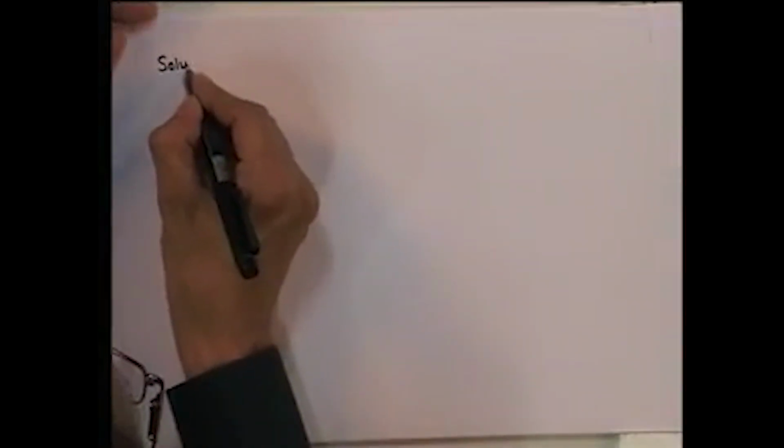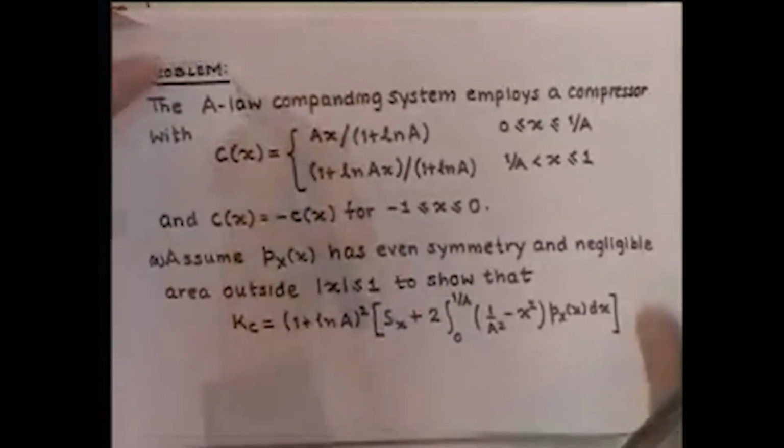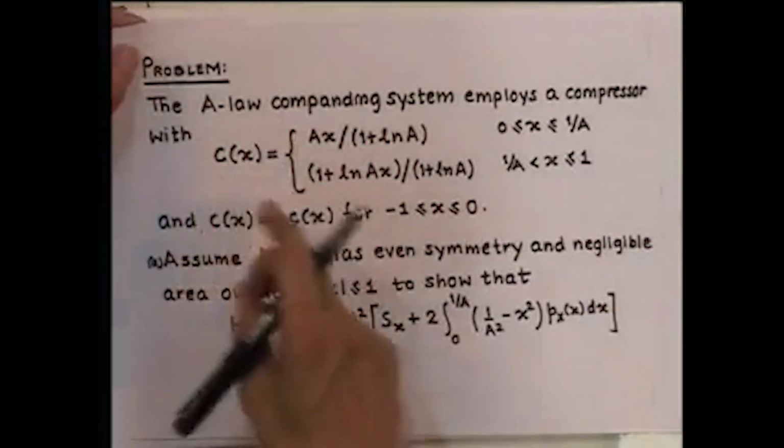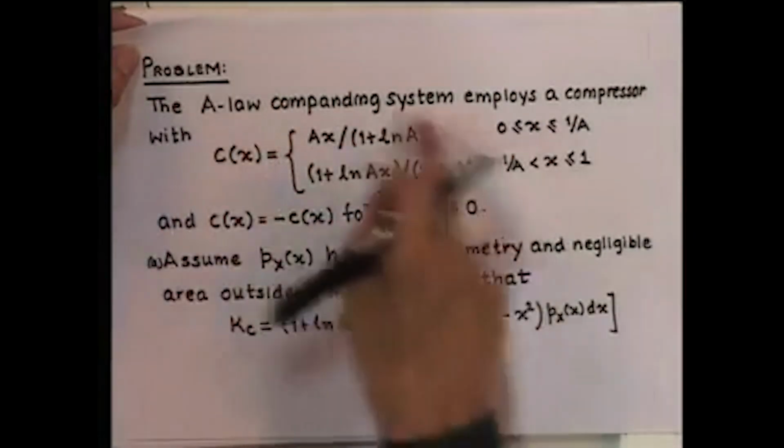So, the solution would be as follows. For the given A law companding system, the compressor characteristic is given by this.